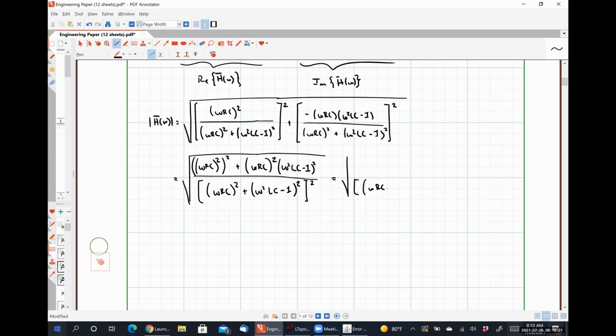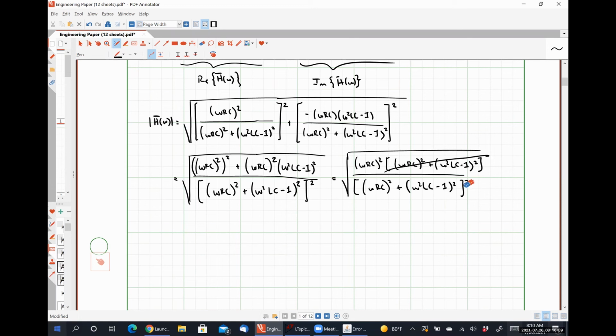So our denominator will be omega RC squared plus omega squared LC minus 1 squared, that whole thing squared. I'm going to factor out an omega RC squared from the numerator. And so what that's going to give me is omega RC squared times omega RC squared plus omega squared LC minus 1 squared.